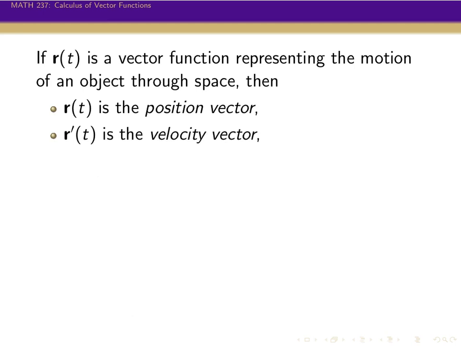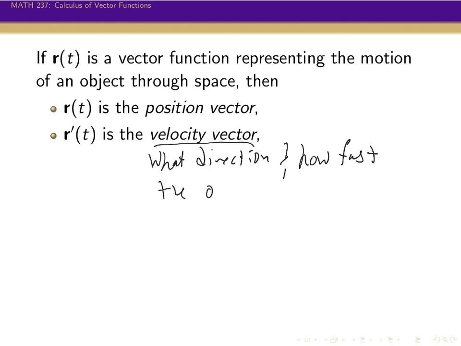R prime of t is the velocity vector. So velocity is saying what direction and how fast the object is moving. If you're driving in a car, this velocity vector is combining both what the compass says and what your speedometer says.